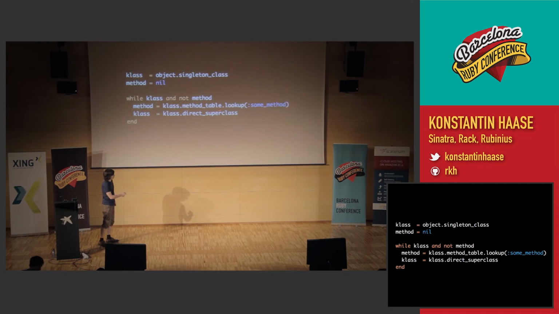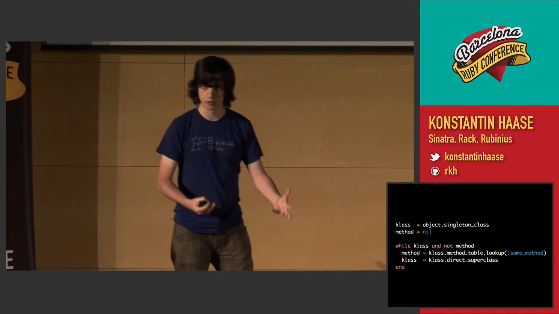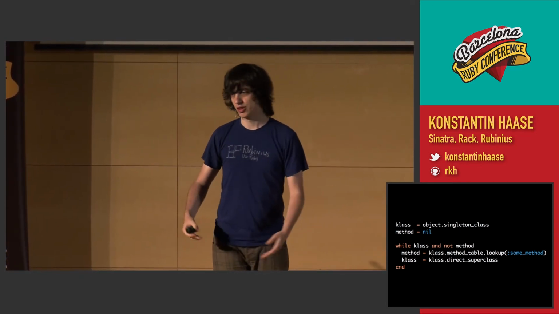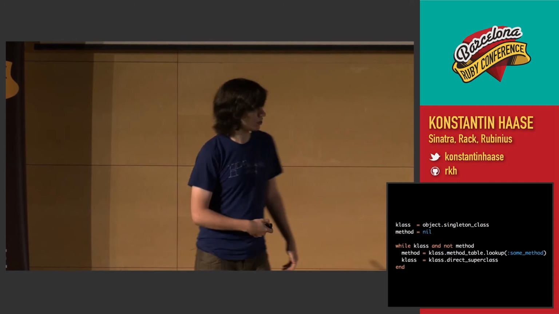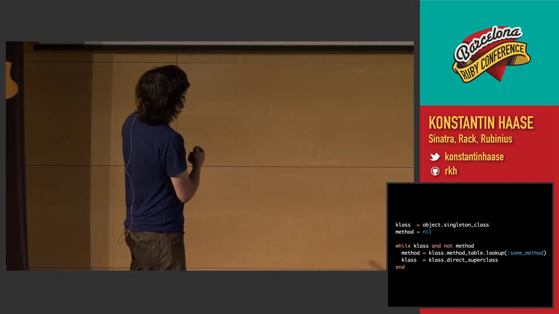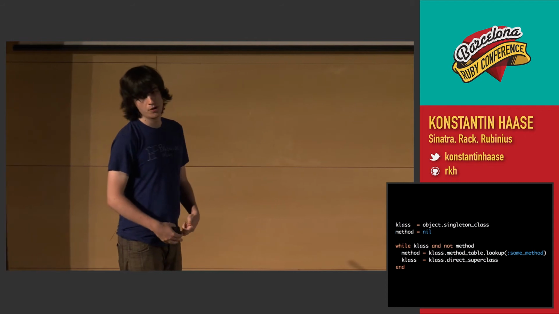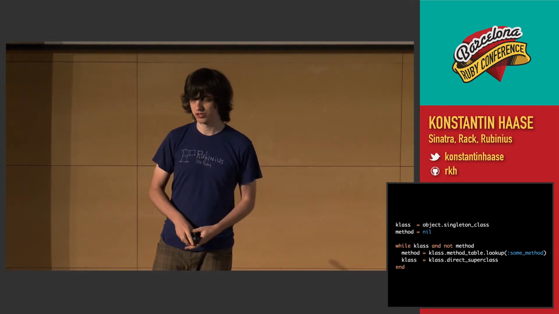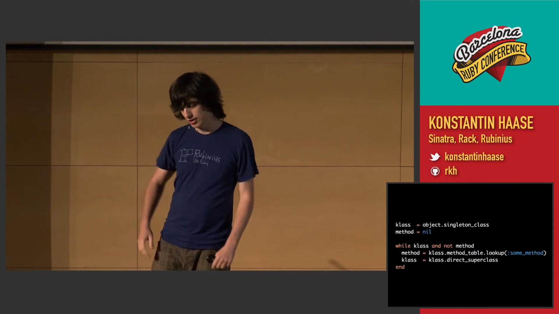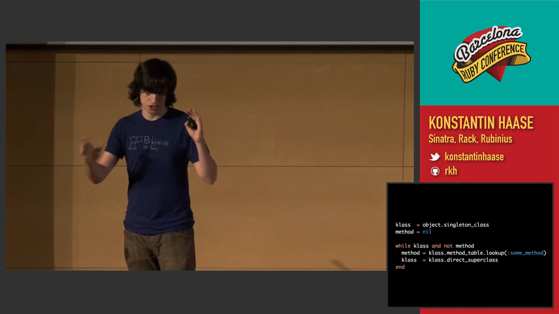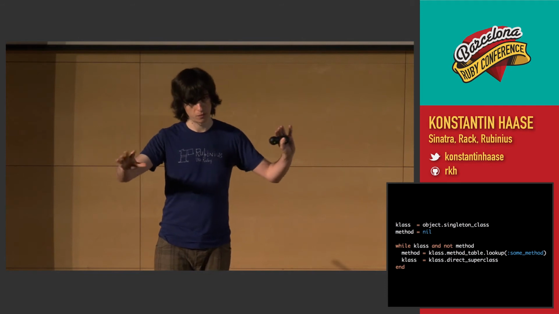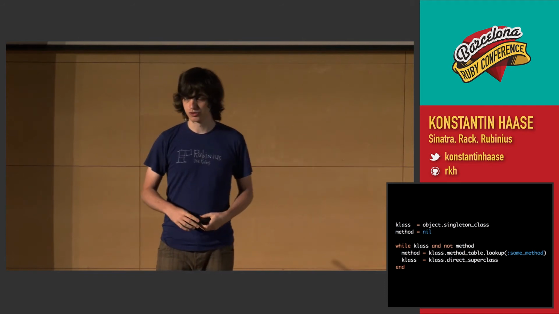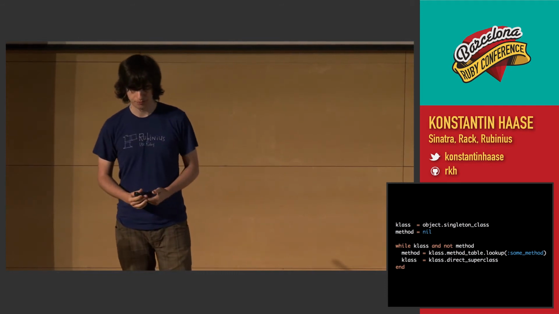You have to call direct superclass because you also want to include modules that might define the method. Then you can just do the lookup on the method table. You also have the method object, which you would never use for this because there are higher level methods where you can just say, give me that method instead of having to search for it. But this is to give you a feeling for what kind of introspection and reflection you have available.